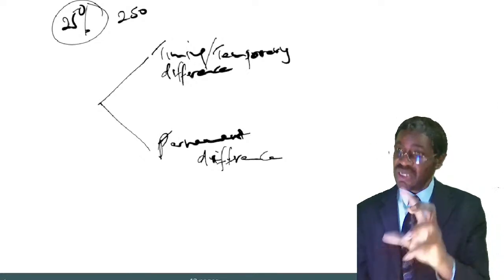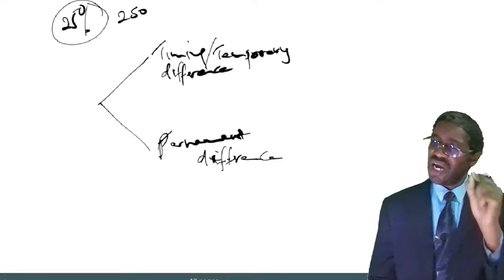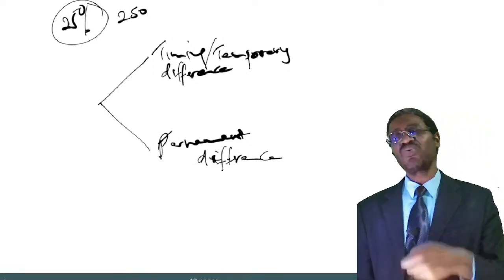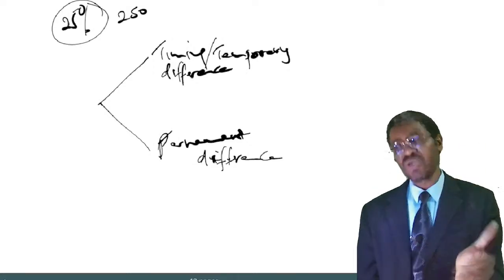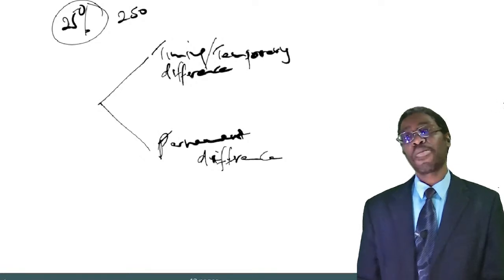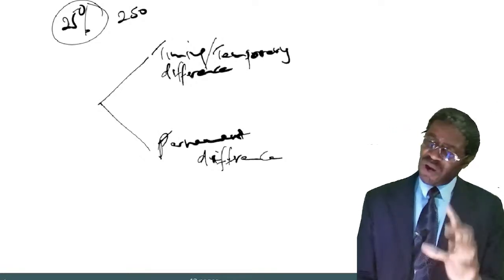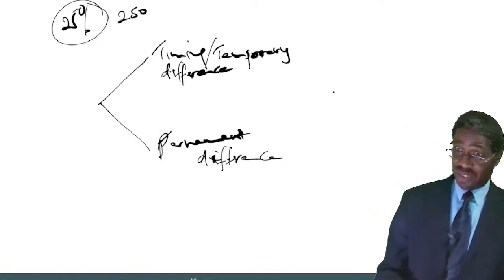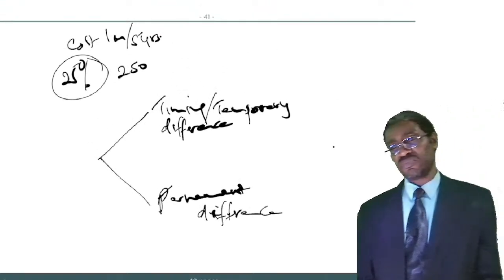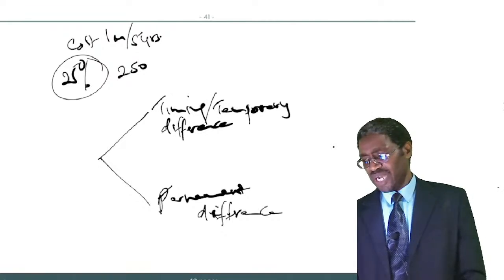I've also said permanent differences are those items which appear in the income statement but which are totally disallowable for tax purposes, not even in the future. Good. Now, before I go to the deferred tax, because I'm introducing it now, let's put down that information.